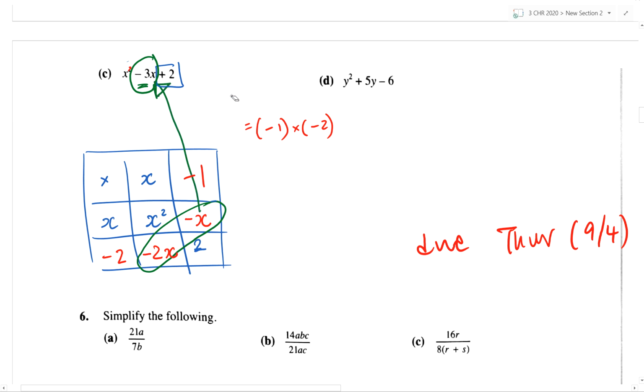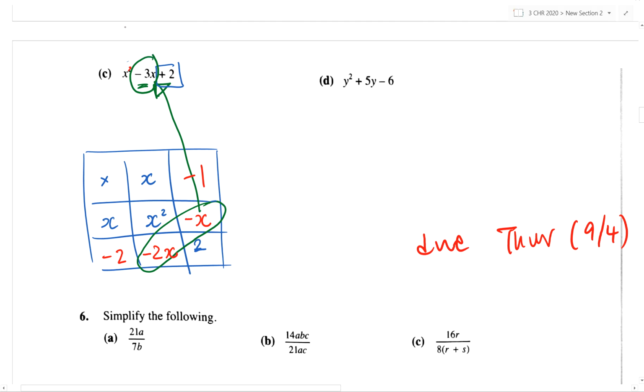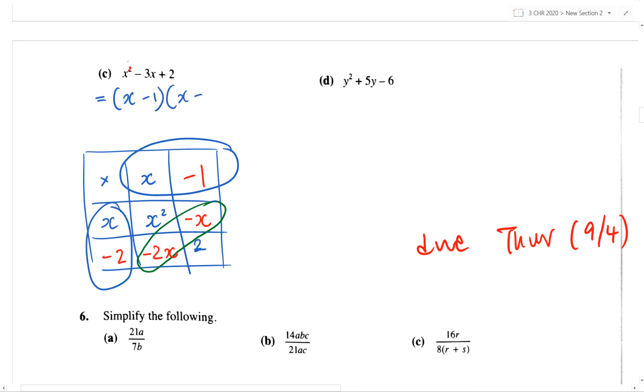So now our guess is correct, and we are ready to write down the final answer, the factorized form. So the factorized form is given by x minus 1 multiplied by x minus 2.